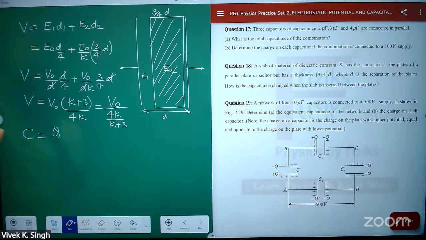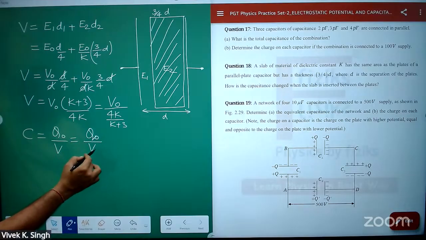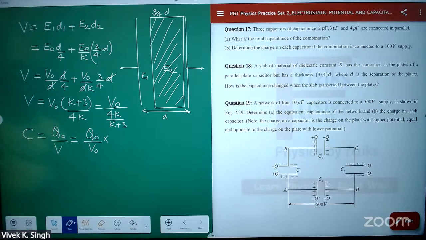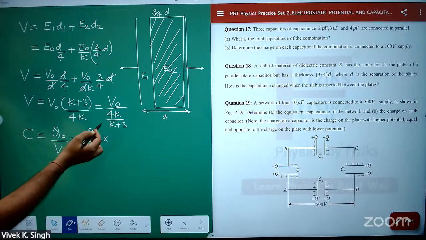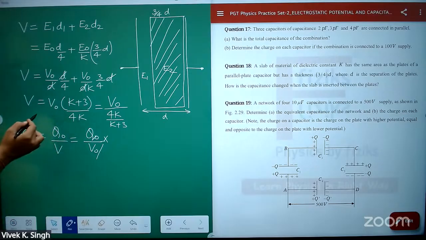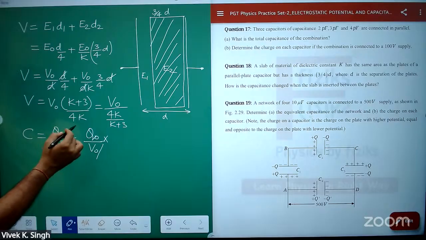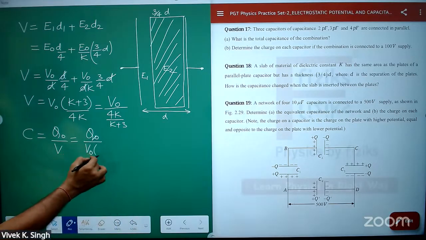C will be given by Q naught by V. So this is Q naught by V naught times 4k by k plus 3.